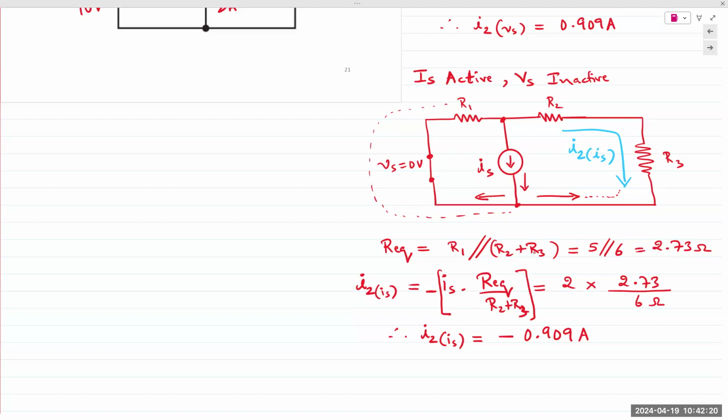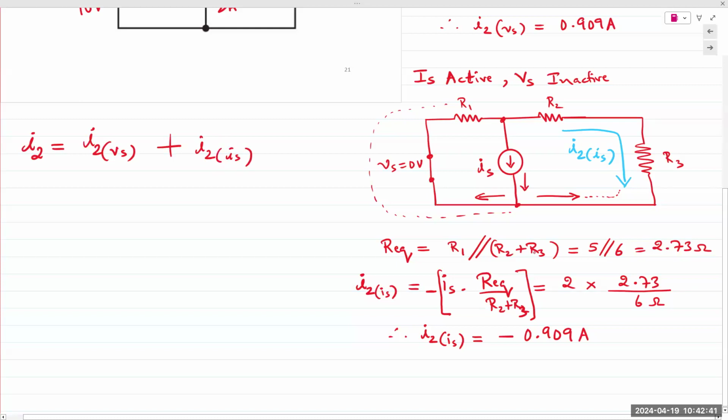So the job's not yet done. I2 is the sum of I2 due to Vs and I2 due to Is. Again, these are just labels and notations. You could label it as Ix and Iy, and you could say I2 is Ix plus Iy.